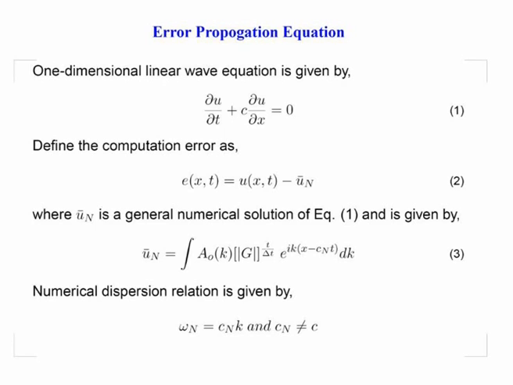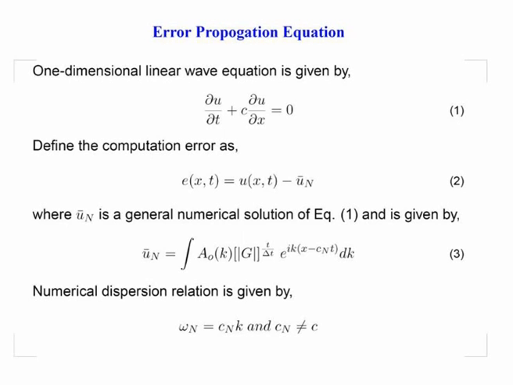The subscript n refers to numerical solution, and we have also noted in the last few lectures that the numerical solution for this particular equation would be determined by the initial spectrum as given by A naught k, and the method that we choose would have its numerical amplification factor G. So, if I take its modulus and suppose we arrive at time t after n such steps of delta t, then this G would be raised to the power n, or alternatively we can write it as t over delta t.